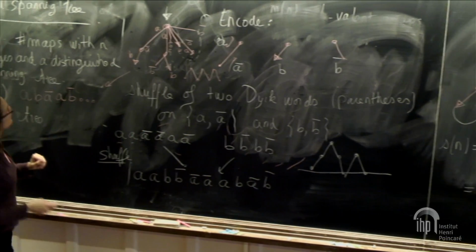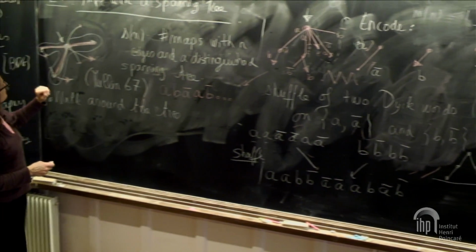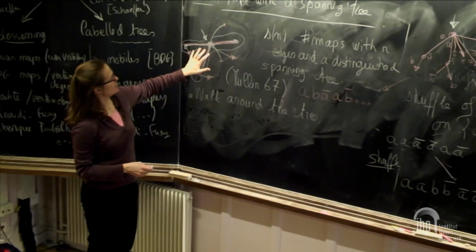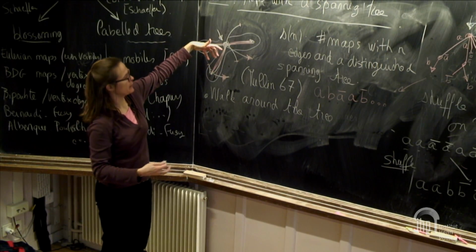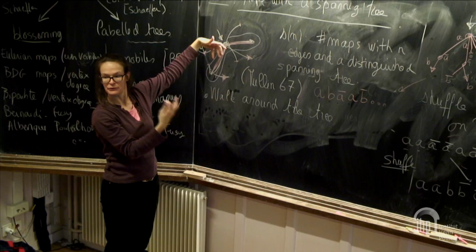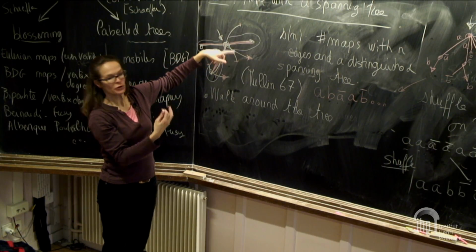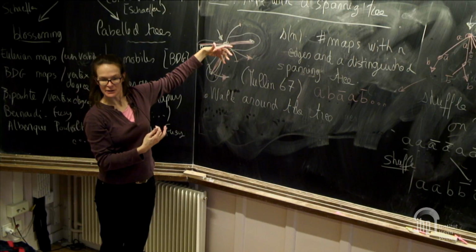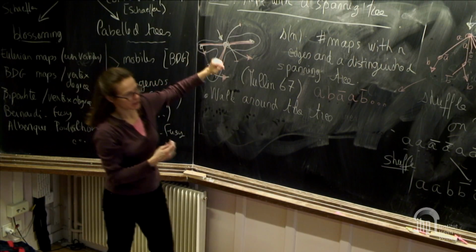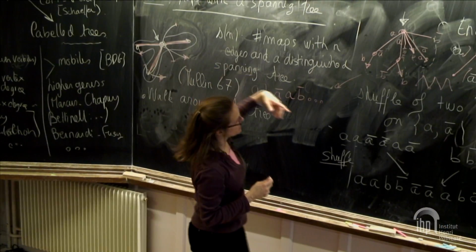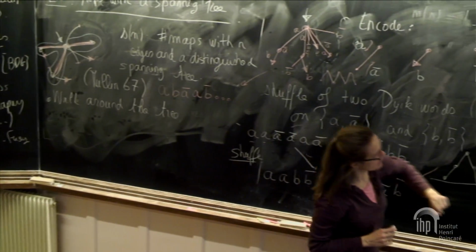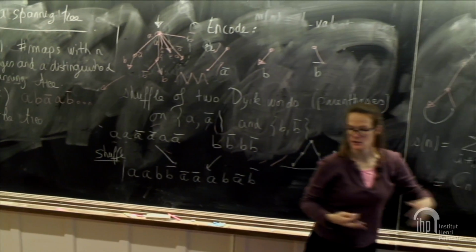Another way of describing that is saying that you have your map, the tree, and you have a dual tree. If you take the edges that are the duals of the external edges, you take another tree, which here we have encoded by the B word, and it's the one that's counted by Cj.